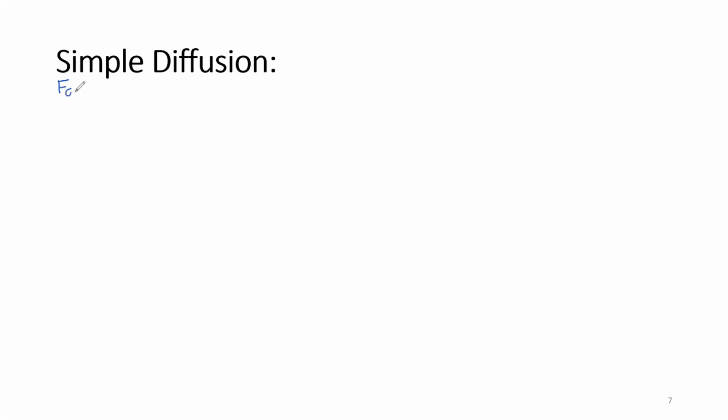So we're starting off by looking at factors that affect or influence the rate of simple diffusion. The first one that we're going to illustrate here is the magnitude of the driving force.